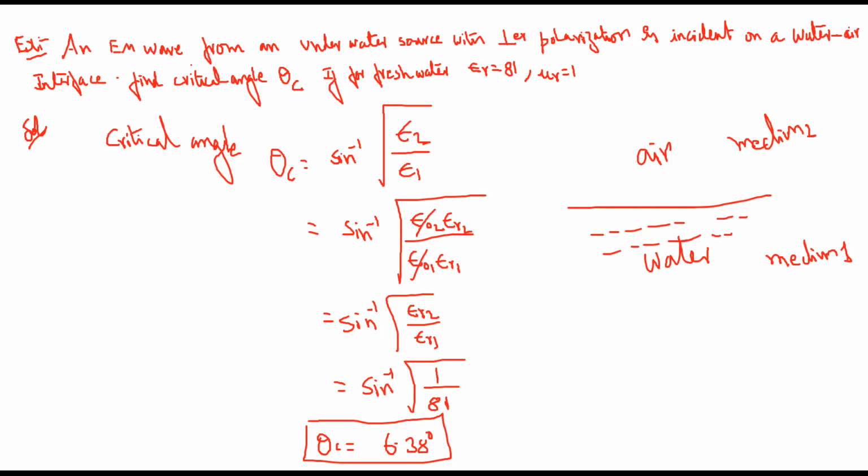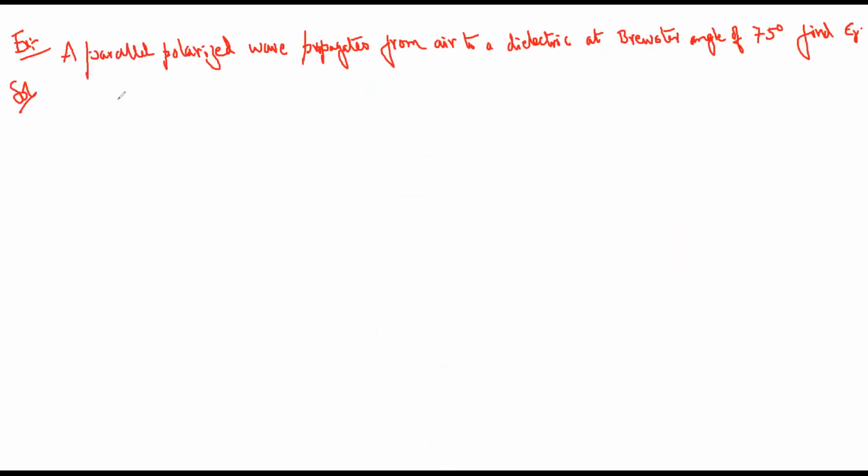Coming to the next example, a polarized wave propagates from air to a dielectric. Now they are saying a parallel polarized wave propagates from air to a dielectric at a Brewster angle of 75 degrees. Find epsilon r.